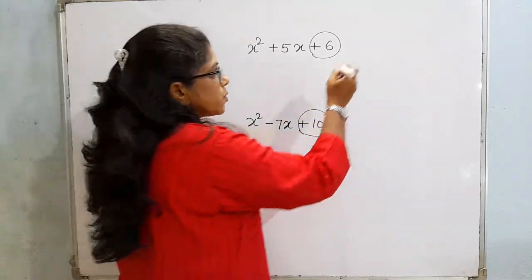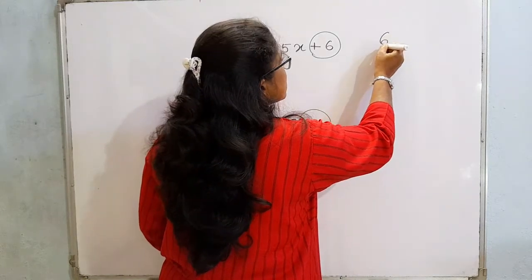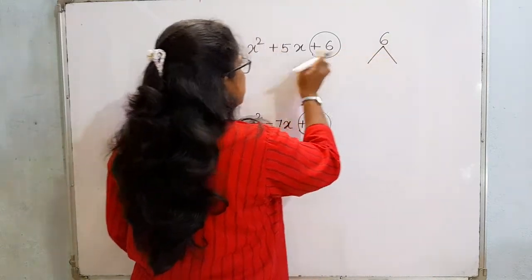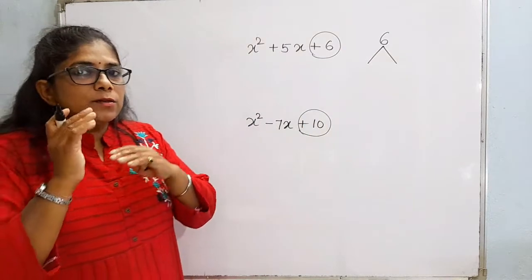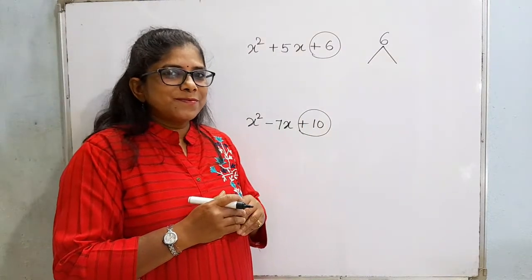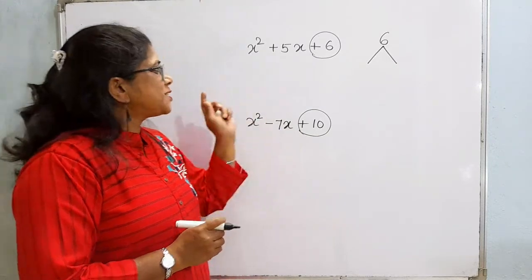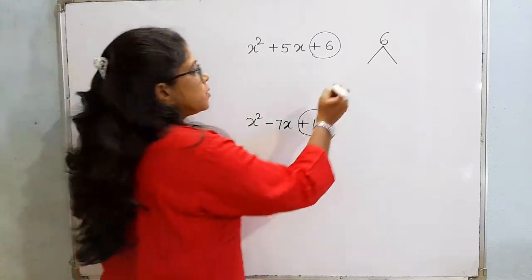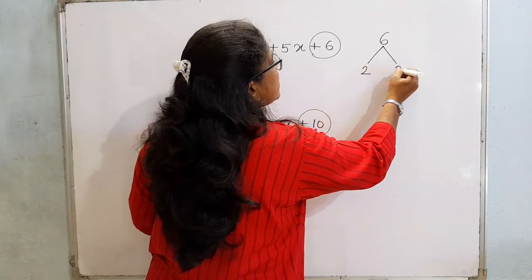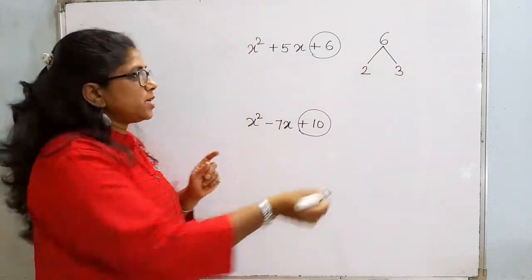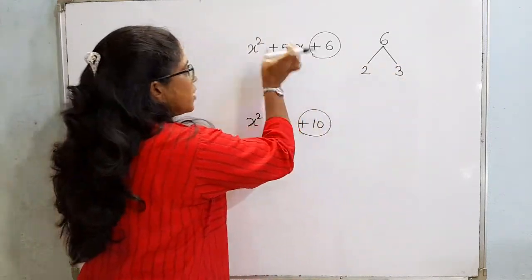Now here the product is 6 and the sum is 5. So which are the two numbers? Just think for a second. Yes, it's 2 and 3. 2 and 3 are the numbers whose product is 6 and sum is 5.